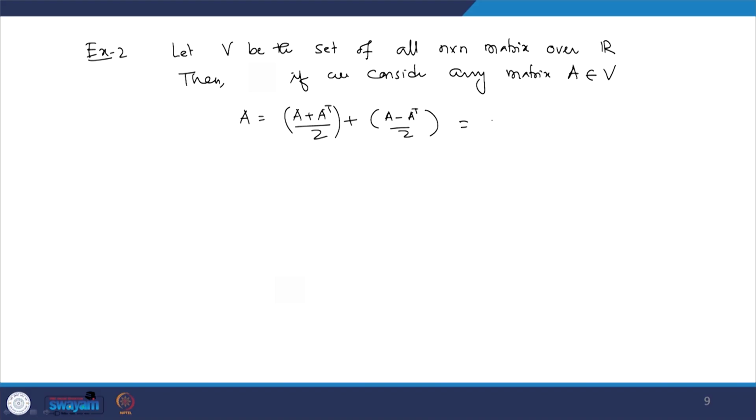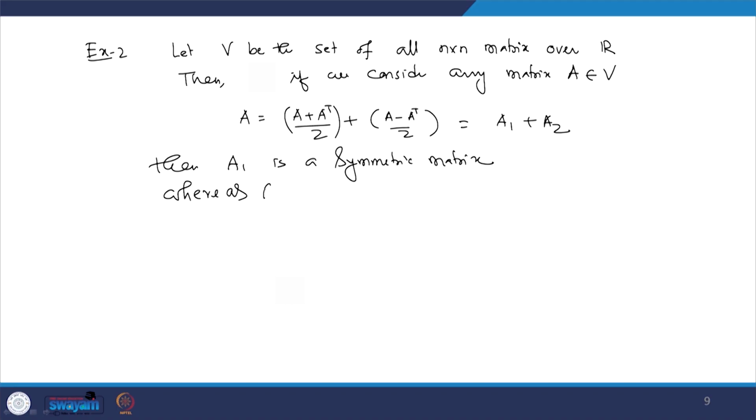If I denote this as A1 plus A2, then A1 is a symmetric matrix, whereas A2 is a skew symmetric matrix.